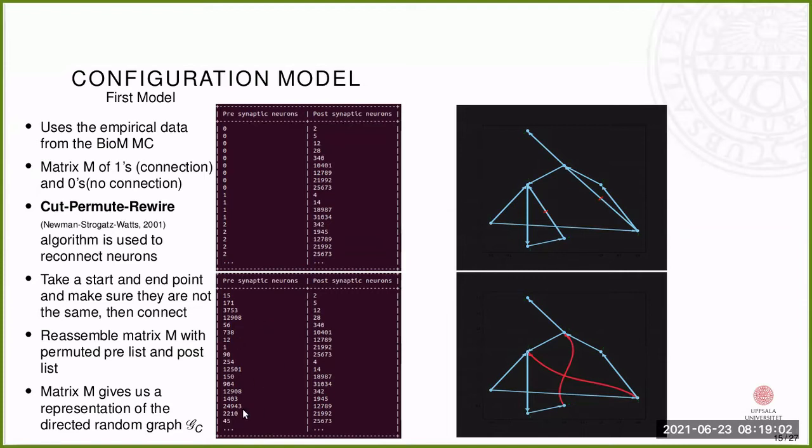And once we did that for each neuron pairing, we had a new presynaptic list completed. So with this new presynaptic neuron list and the postsynaptic neuron list, we could reassemble our matrix. And this gave us a representation of a directed random graph G sub C.